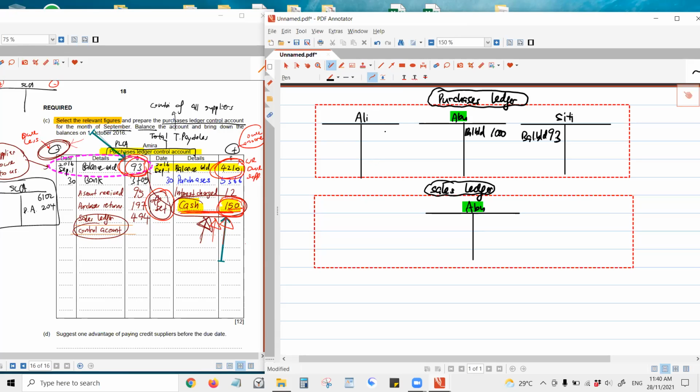And we owe to Ali 3,210. And then Abu owes to us, sorry, 494, because Abu also buy things on credit from us. We owe to Abu 1,000.